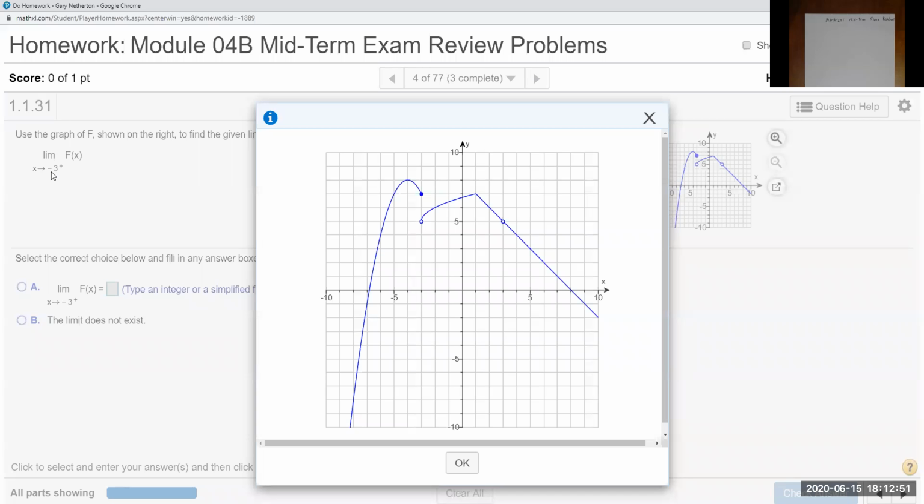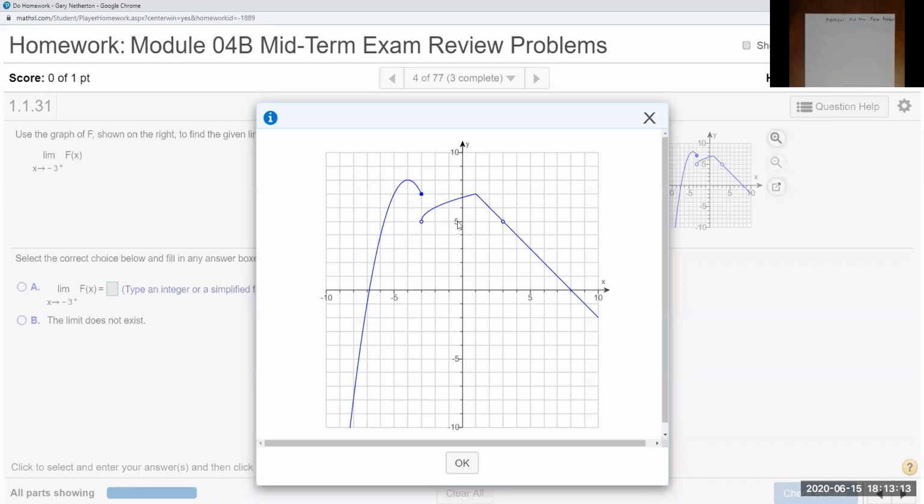So that means I'm looking at -3, x is right here. I'm only looking as I approach the value of x equals -3. I'm looking at it as I approach it from the high side, and you can see the function is approaching the value of 5.